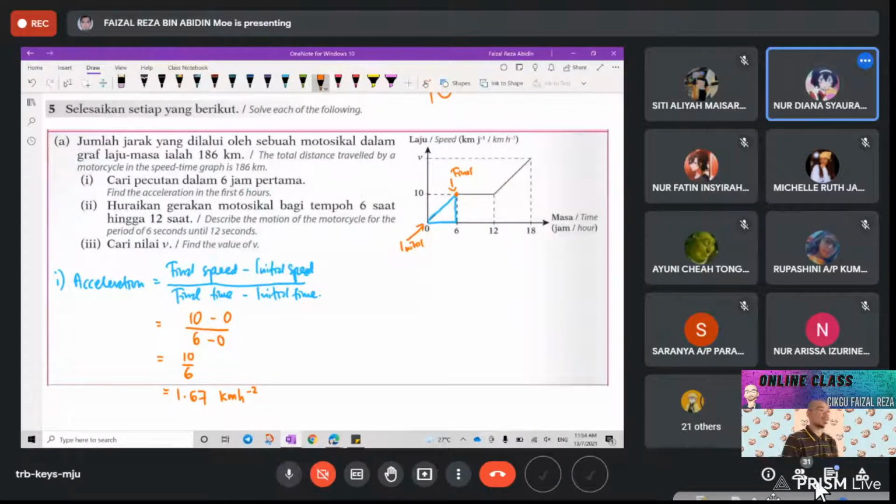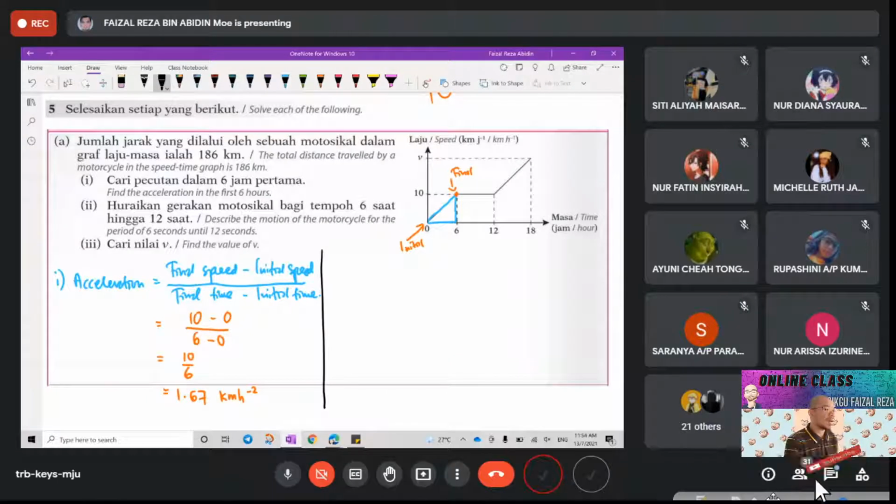Yes, okay. For number 2, describe the motion of the motorcycle for the period of 6 hours until 12 hours. What is the motion of the motorcycle?